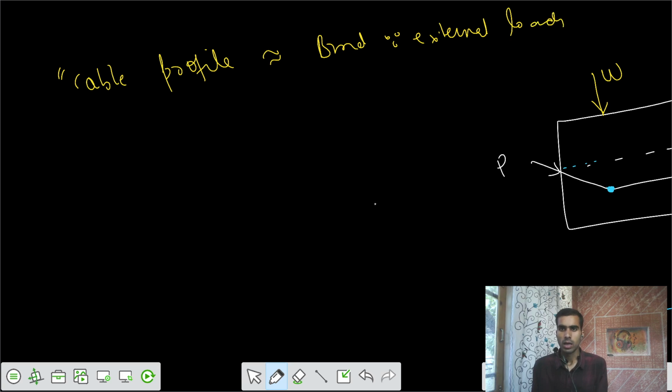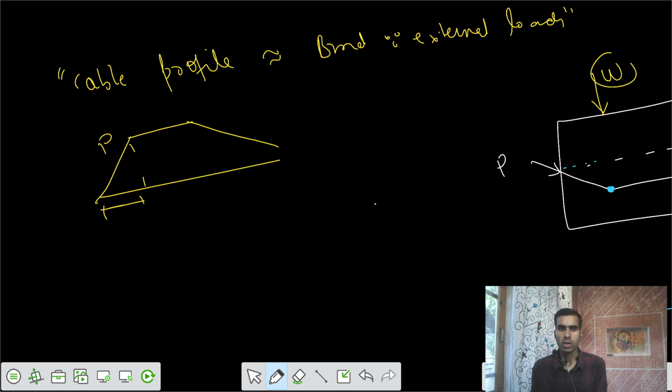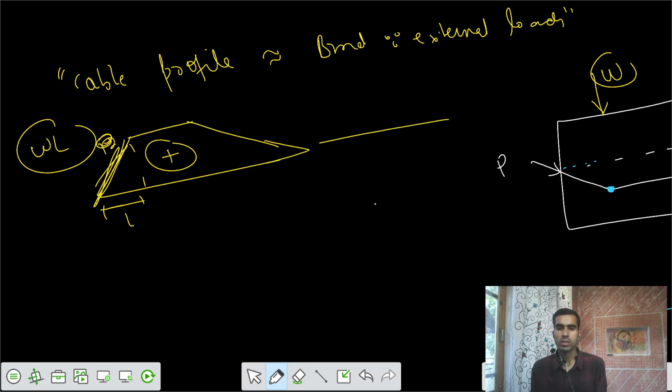If the BMD gets developed in this fashion, let's say the load applied is W and this length is L, so this is your sagging bending moment, and we place the cable in such a way that it is similar to the BMD of that beam corresponding to external loads.